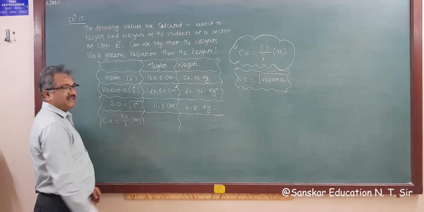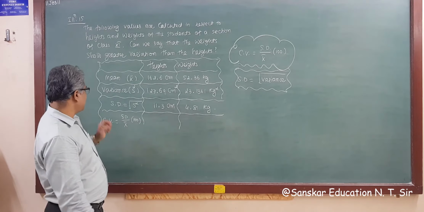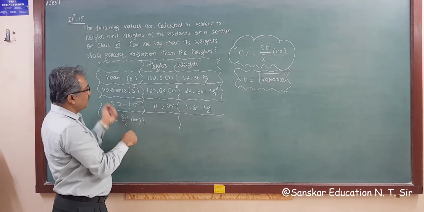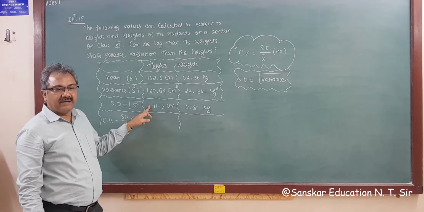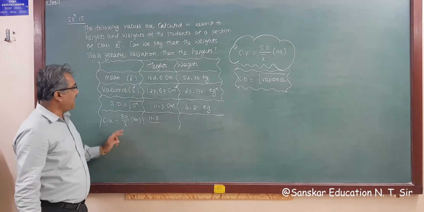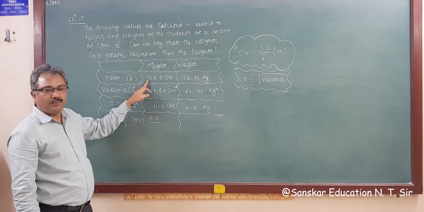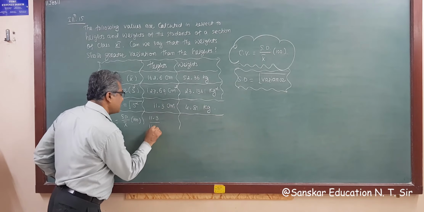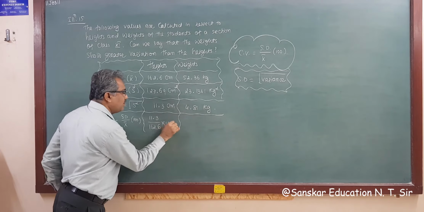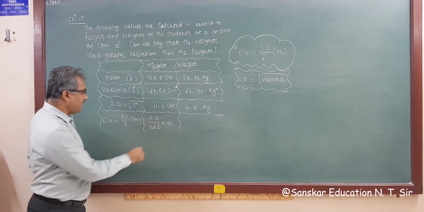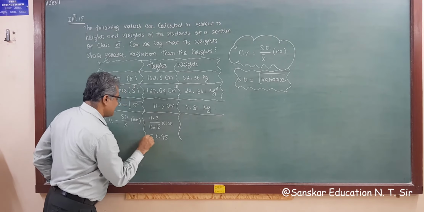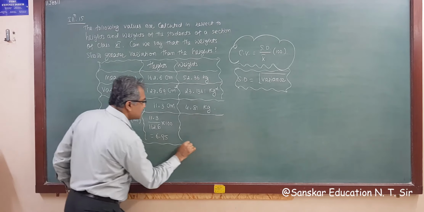CV for height is equal to standard deviation 11.3 upon x bar, the mean, 162.6, into 100. Simplifying this, we will get 6.95.